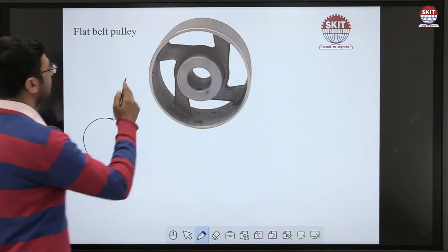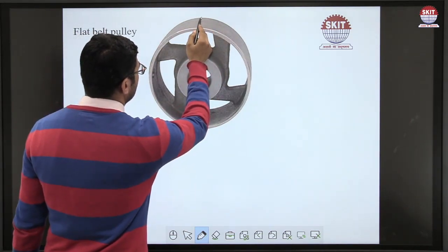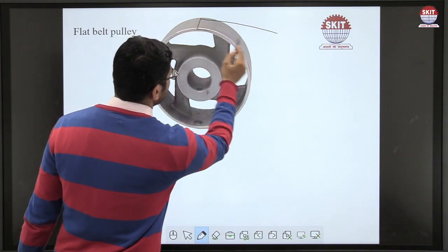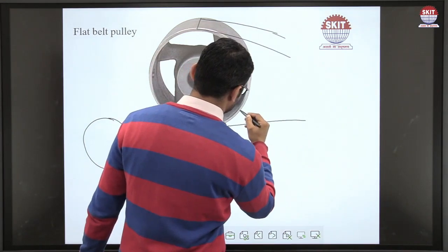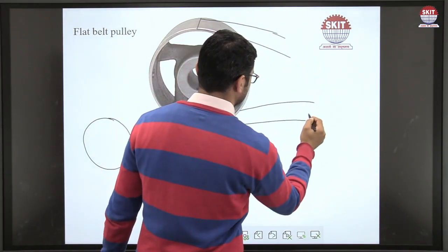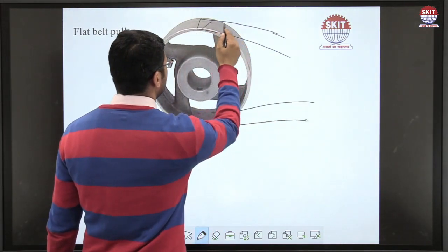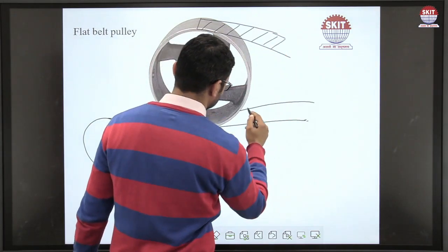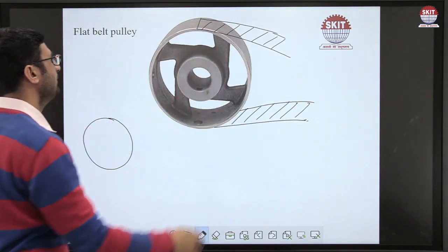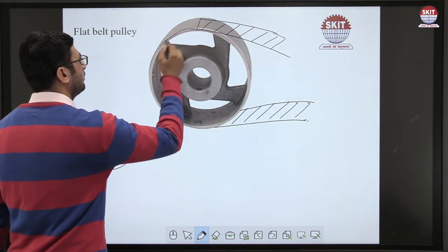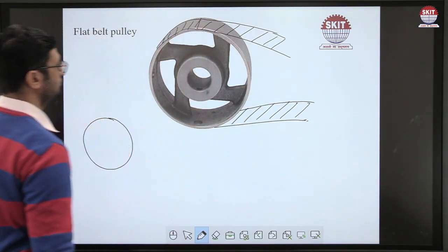This is the flat belt pulley. The belt is applied on this flat surface of the pulley. Okay.